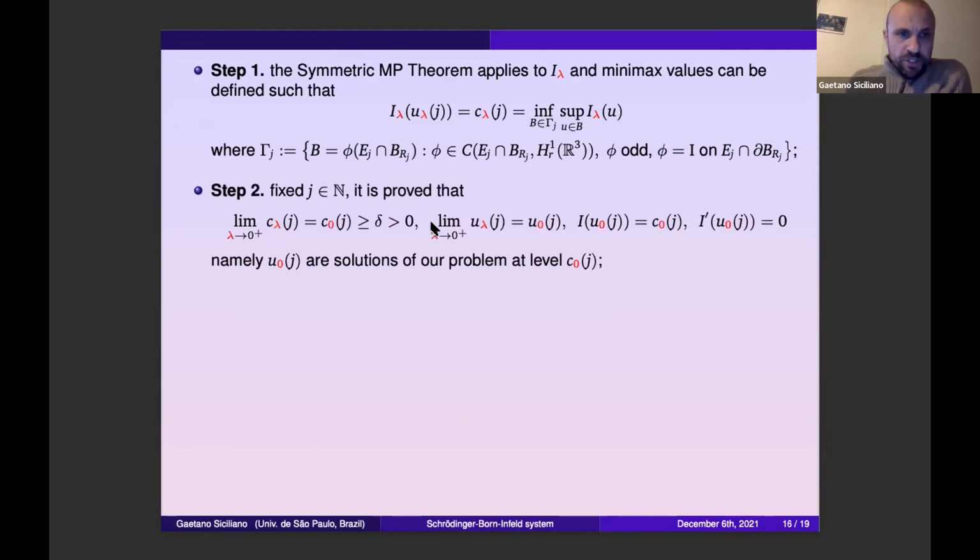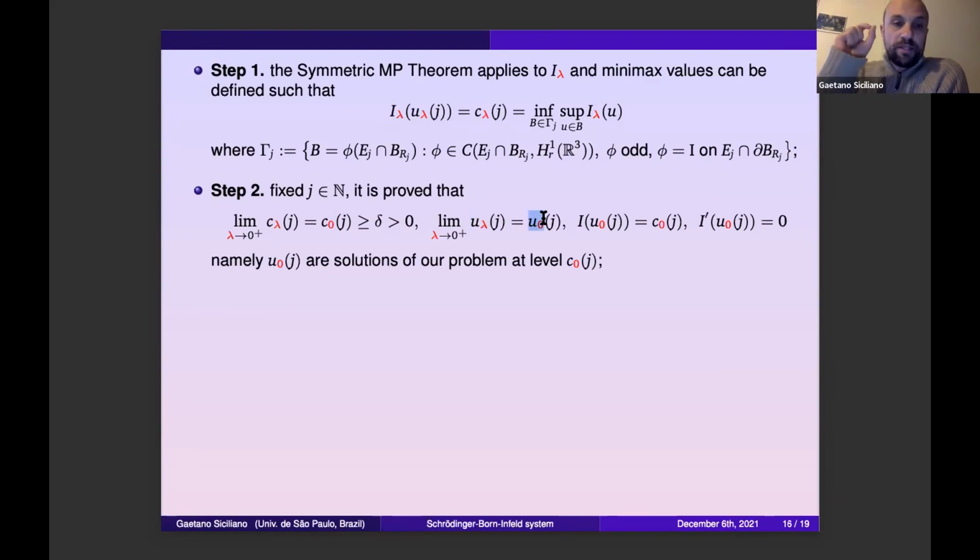There is a convergence whenever lambda goes to 0. I mean, the critical levels C lambda tend to a certain C0. And this is true for any j in the natural numbers. There is a convergence also of the solution U lambda to some U0.